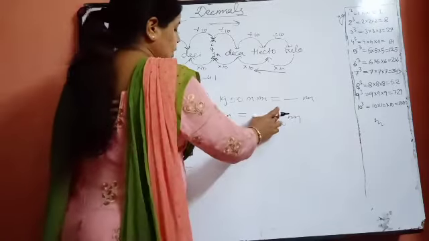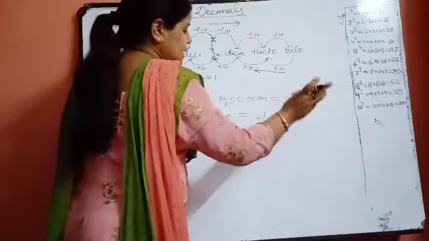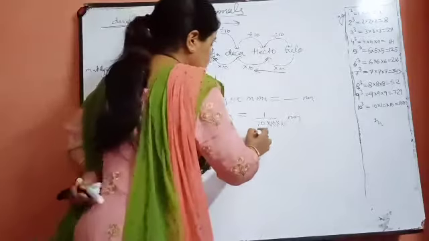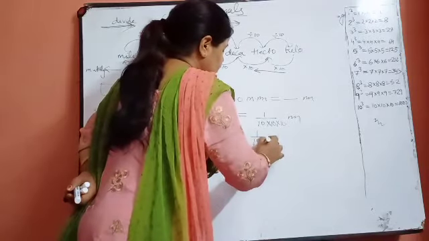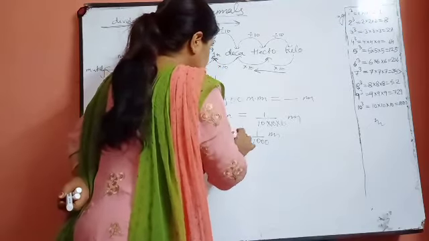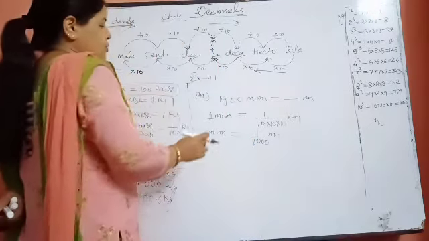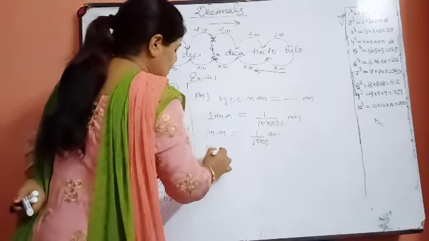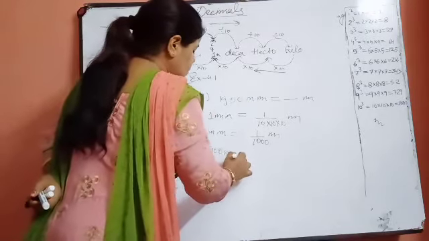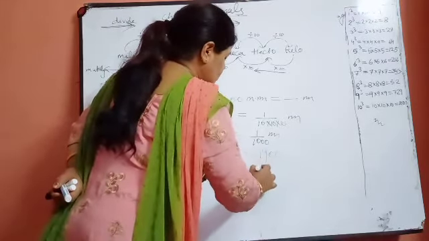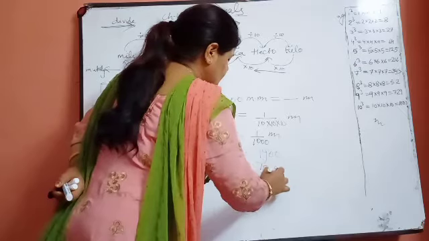Division by how many tens? 3 tens. So that 10 will come in division form, not multiplication form. So 1 millimeter is equal to 1 upon 1000 meter. Okay, how simply you can do. Now how many millimeter do you have to change? 1900 millimeter is equal to 1900 upon 1000 meter.